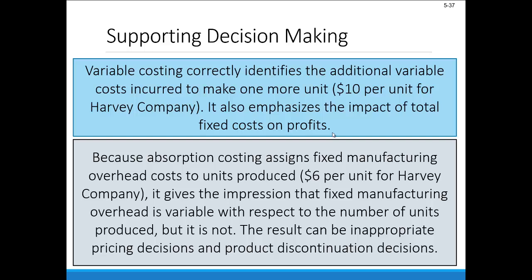But it really doesn't, right? By definition, fixed overhead costs or fixed costs in general don't change in total with changes in production. So we're artificially changing unit product costs. That might lead to some suboptimal decisions from an internal decision-making standpoint. And that's part of the reason that variable costing came about.